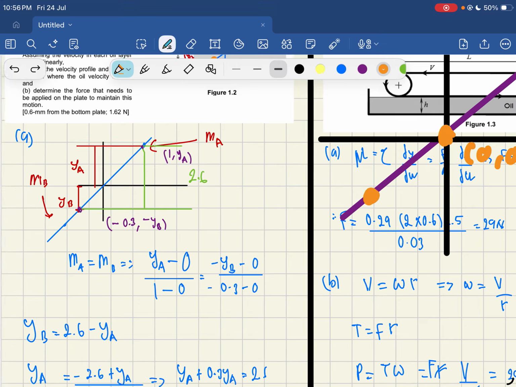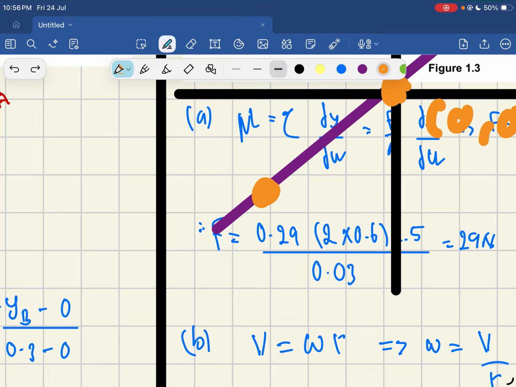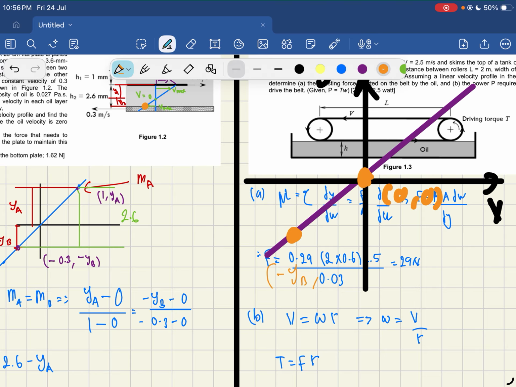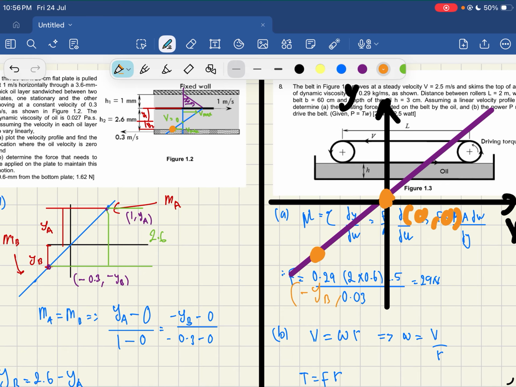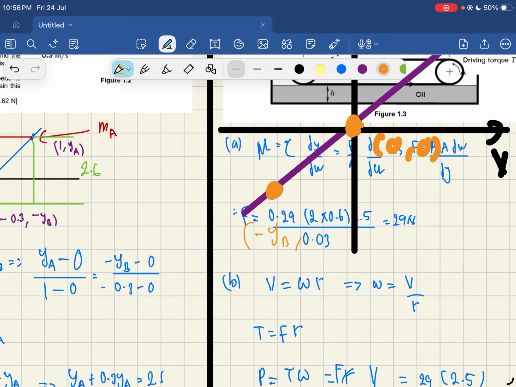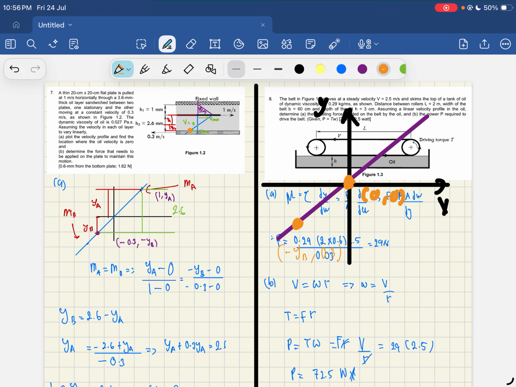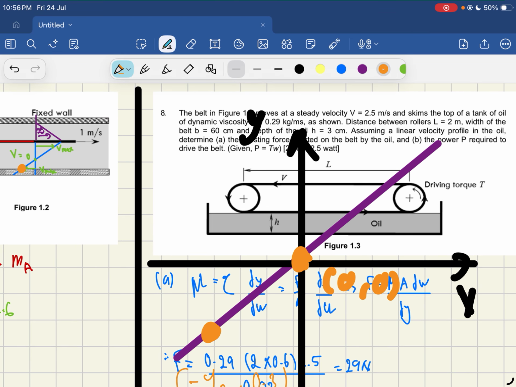So it will have a coordinate of y equal to negative yb, and the x-axis or the v value will be at 0.3. So that is the coordinate for the lower point, and then the upper point, which is here.